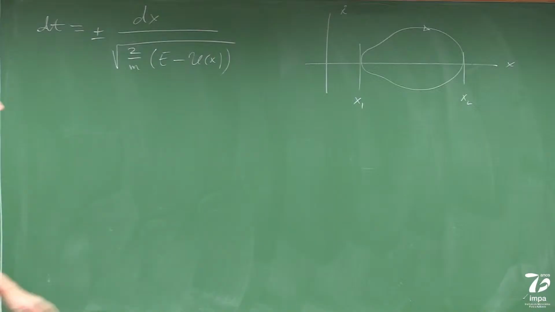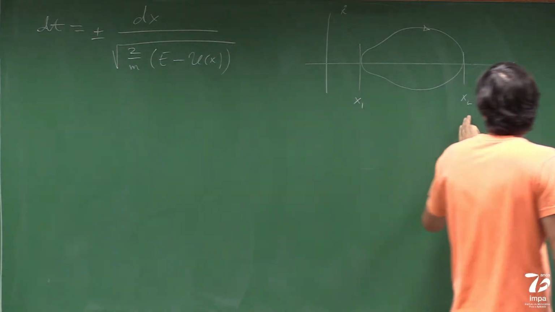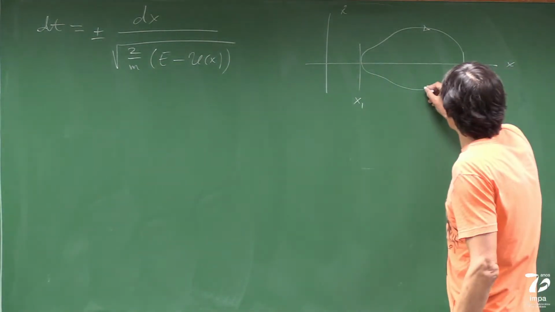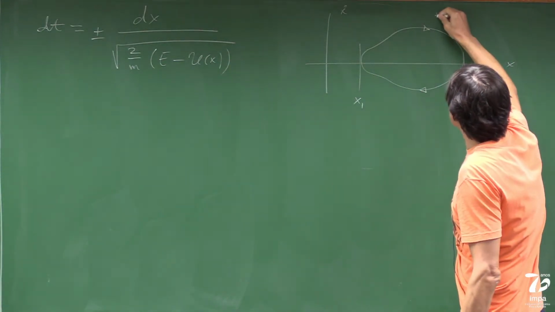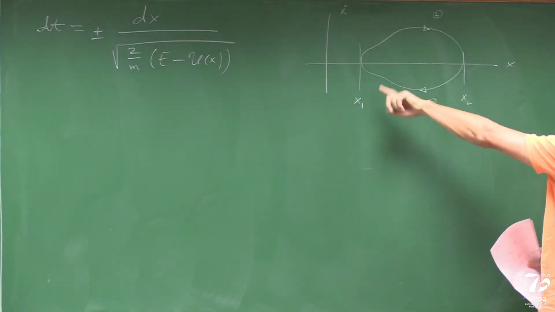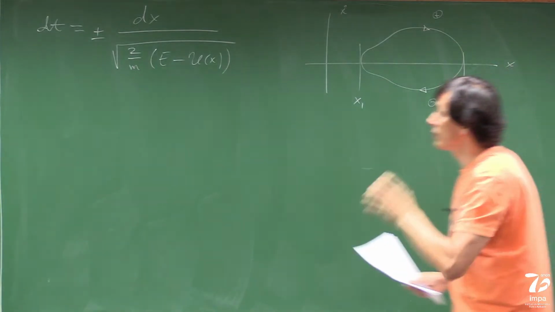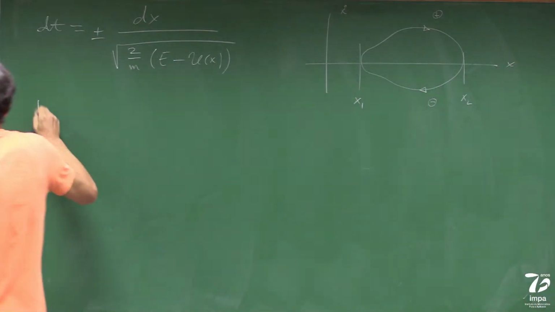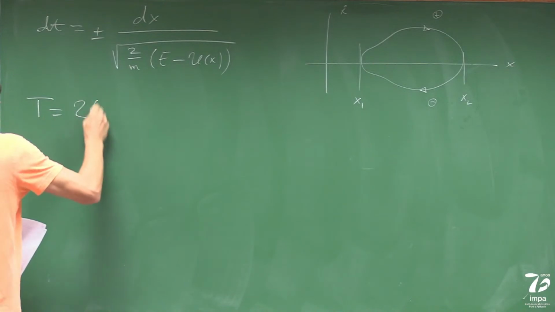So it's symmetric, so it has a leftmost point and a rightmost point. Now also we know that this part with a plus is symmetric to the part with a minus, just going in the backward direction. So it means that the period is 2 times.